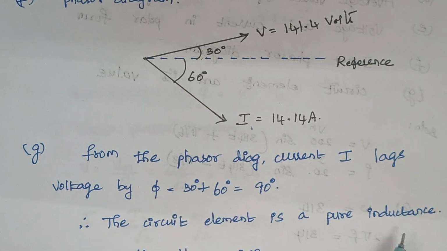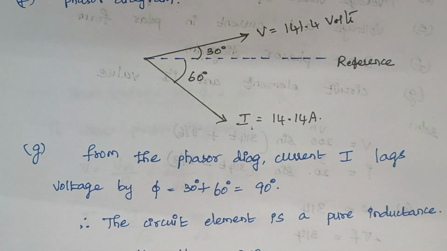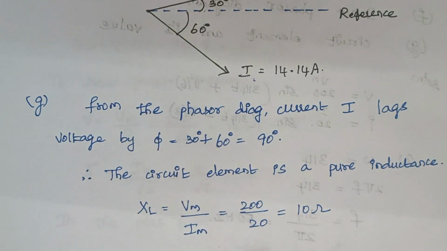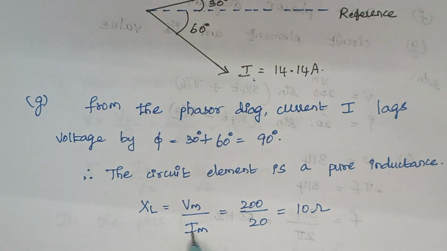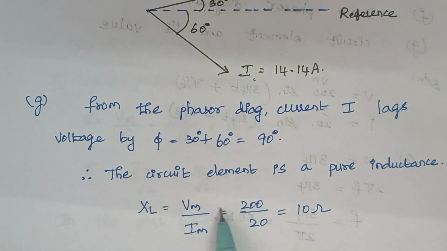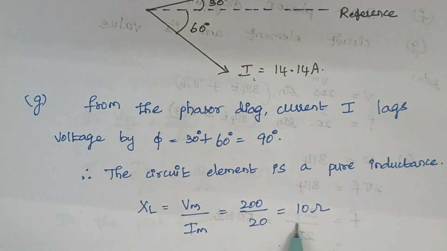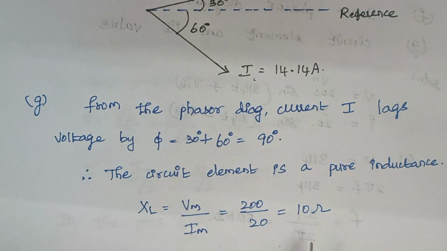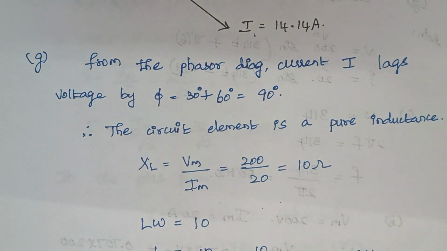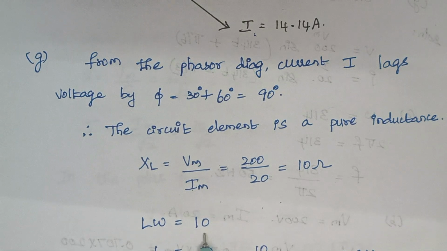Regarding inductance, what is the formula? XL is given by Vm by Im, a basic formula. We know Vm and Im, so just substitute the values and we find it as 10 ohms. The other formula for XL is L omega, so L omega is equal to 10.